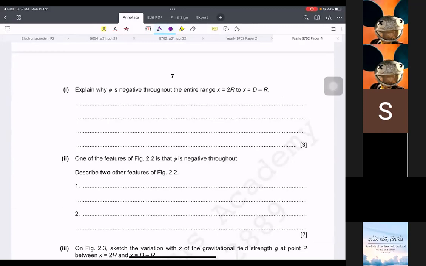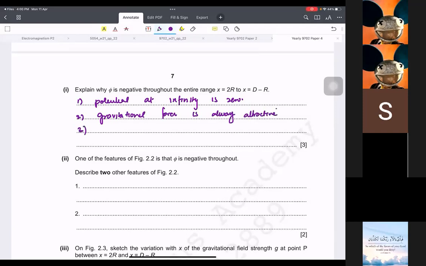For 3 marks, if I were you, I would write it like this. Potential at infinity is 0, right? Second mark, gravitational force is always attractive.